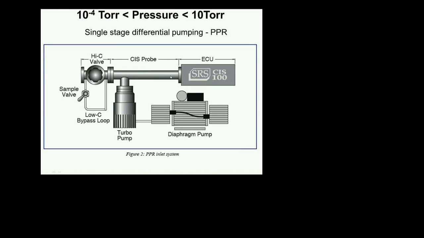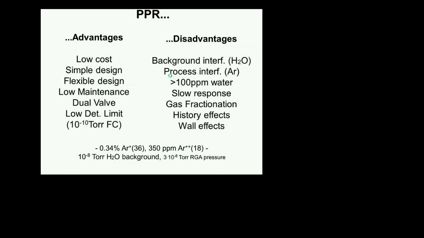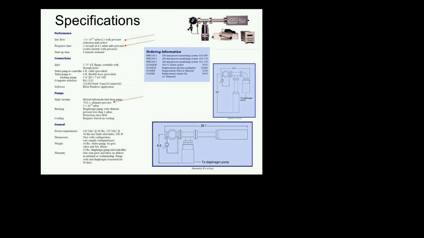You'll be able to put your own system together. The main thing when you buy one of these differentially pumped systems, as far as specifications are concerned, is what kind of pumps they use. You want dry pumps, and you want at least 40 liters per second of pumping speed. The other thing you're looking for is the gas flow, and here's a good example, the response time.